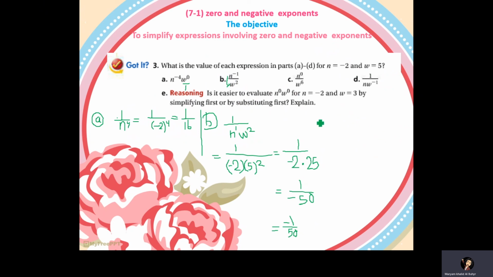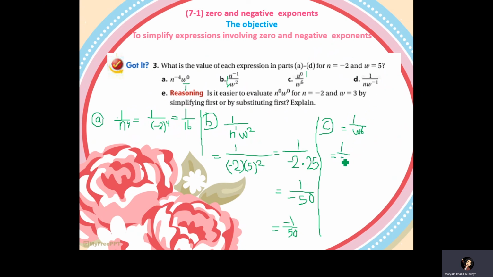So for the before last one, that's 1 and then W to the power 6. So C, I will simplify it, 1 over W to the power 6. So that is equal to 1 over, what is W?